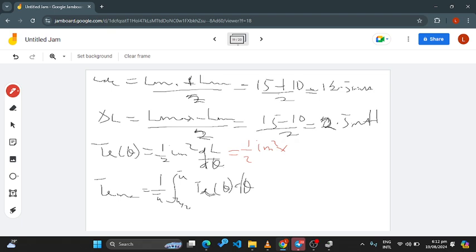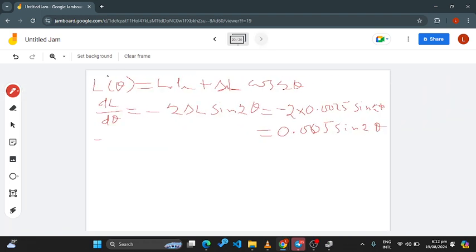This times this, that's minus 2 change in L sine 2 theta. So this will cancel this. So I shouldn't have even multiplied. So this will give me minus i_m squared change in L sine 2 theta.